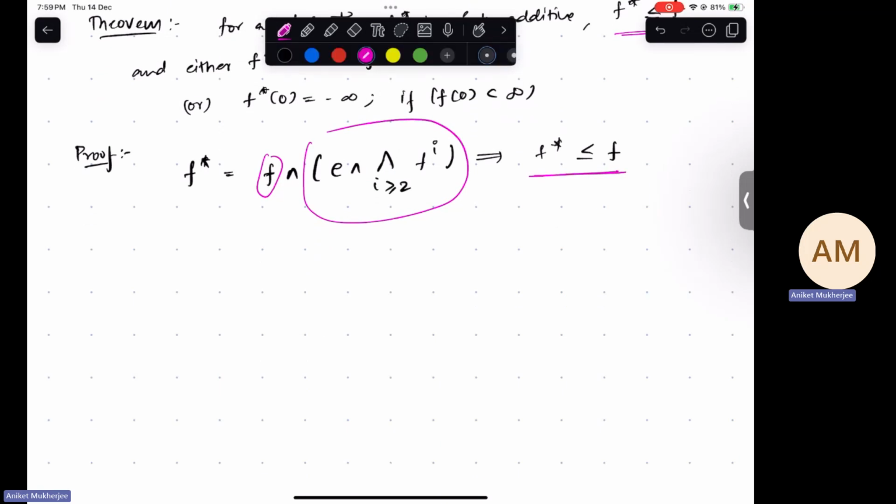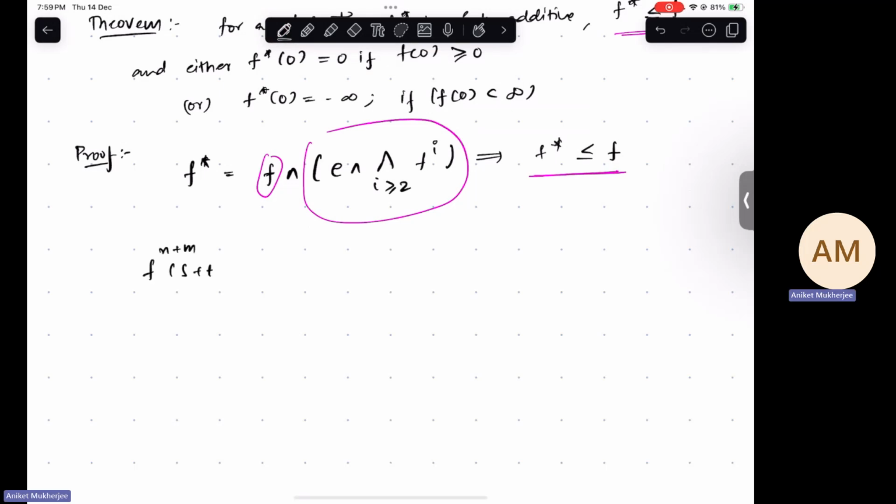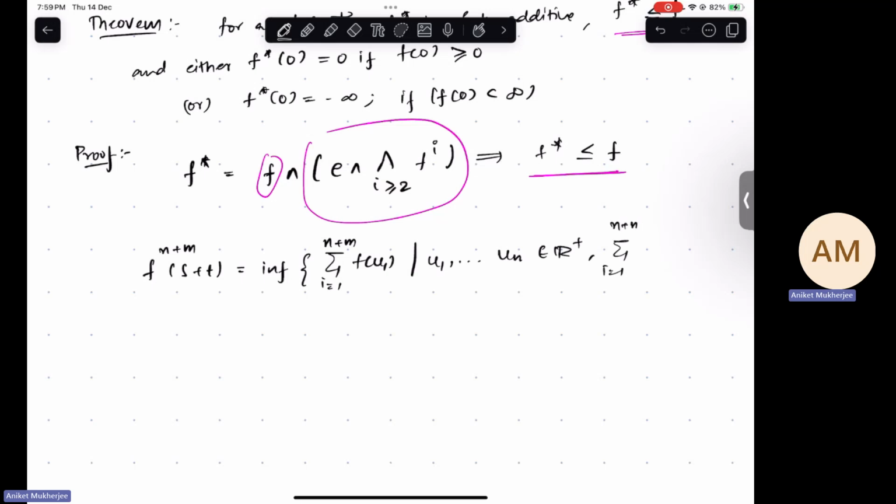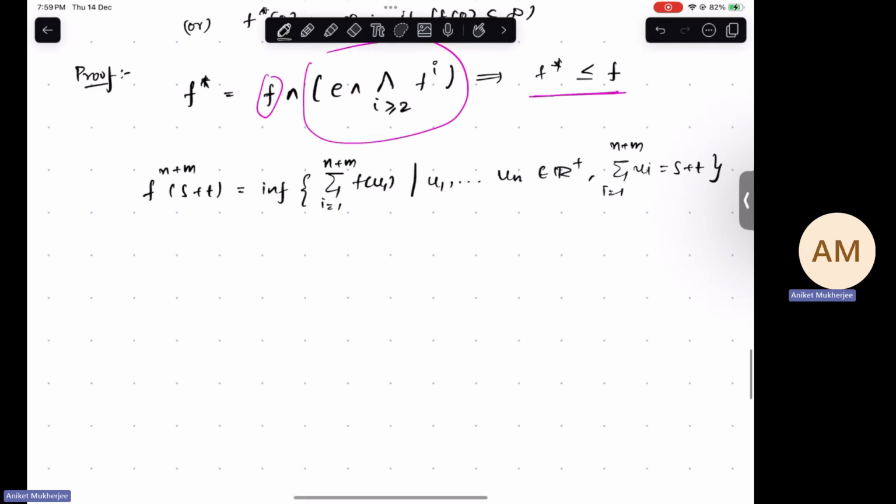Next we need to show subadditivity, right? To show subadditivity, first we'll calculate f_{n+m}(s+t). So infimum of summation i equal to 1 to n+m of f(u_i) such that u_1 to u_n belongs to R+, summation i equal to 1 to n+m of u_i equal to s+t. That's what we have.